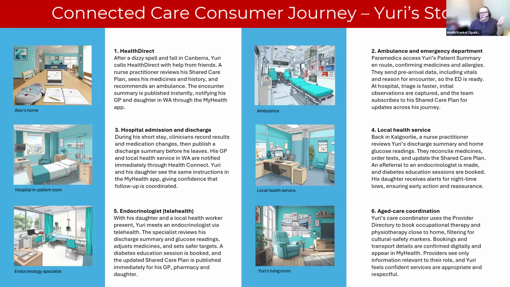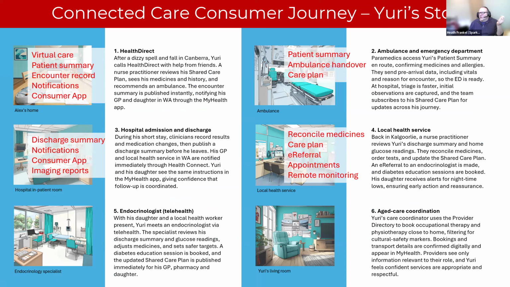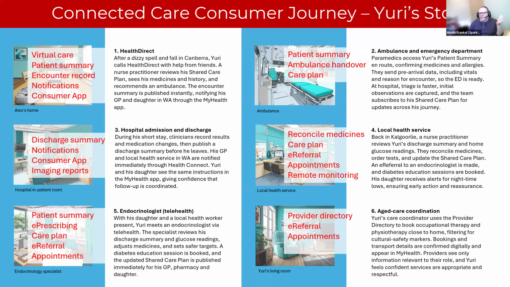We've got some virtual triage that's going on with Health Direct. So again, some of these new modes of providing healthcare that we're starting to bring in. We've got some ambulance and emergency department details. We've got hospital and discharge again, local health services being used there, and specialists, and then aged care coordination again.